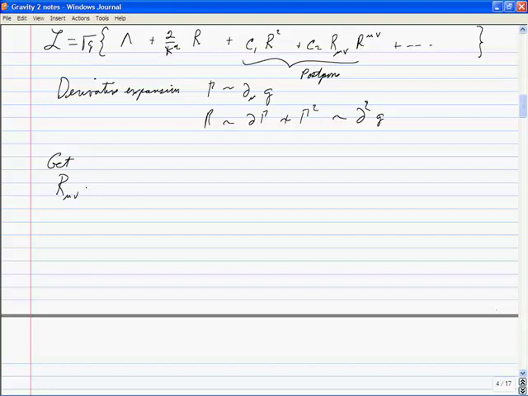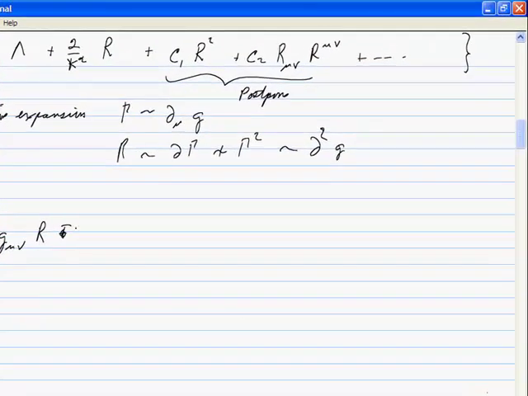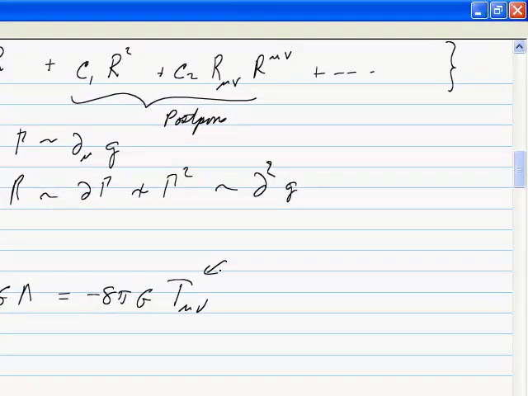You get R mu nu minus 1/2 g mu nu R plus, it's actually minus, 8 pi G lambda equals minus 8 pi G T mu nu, where this is the energy momentum tensor for the rest of the stuff.